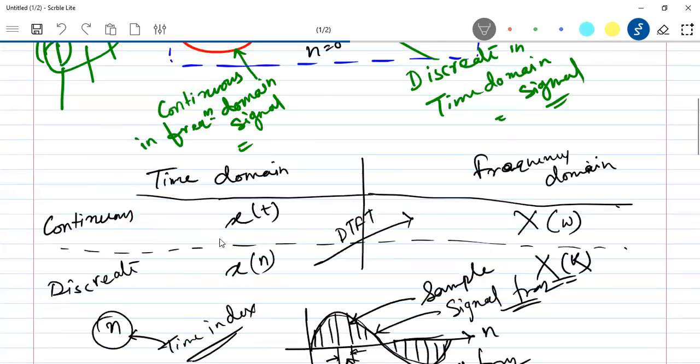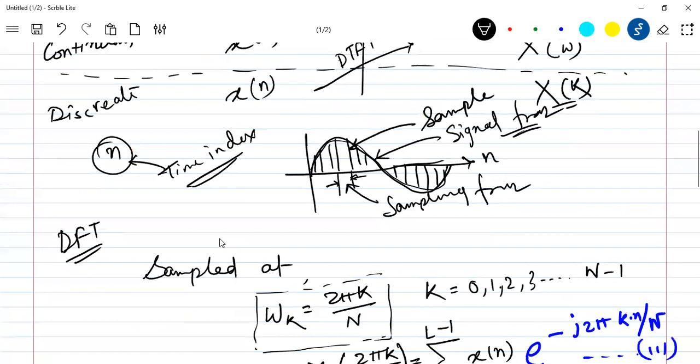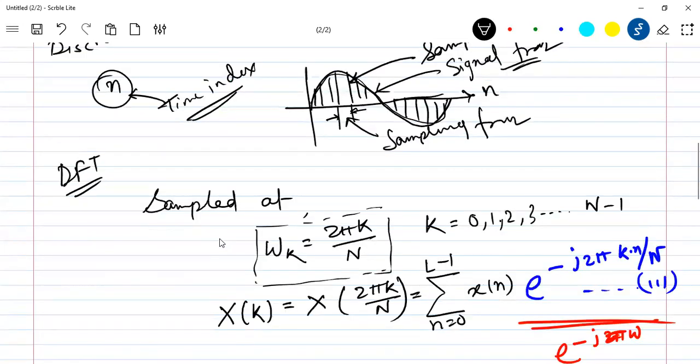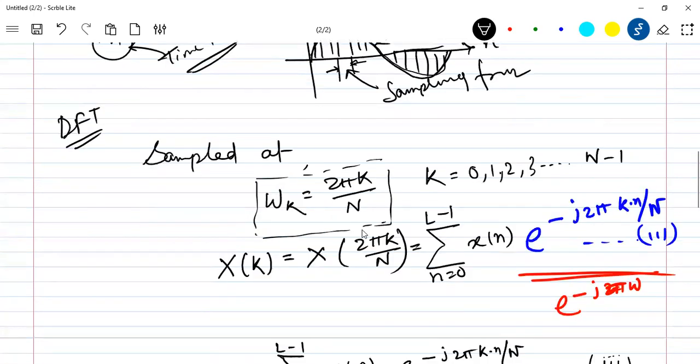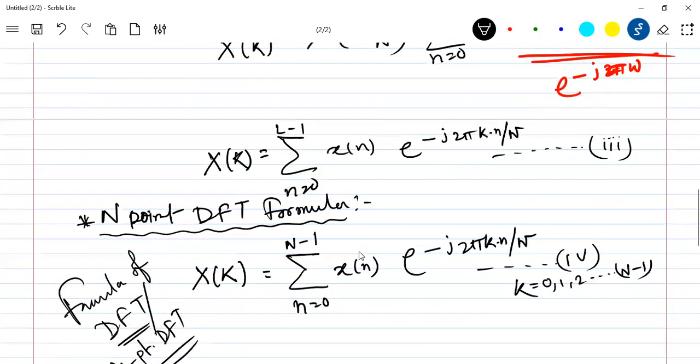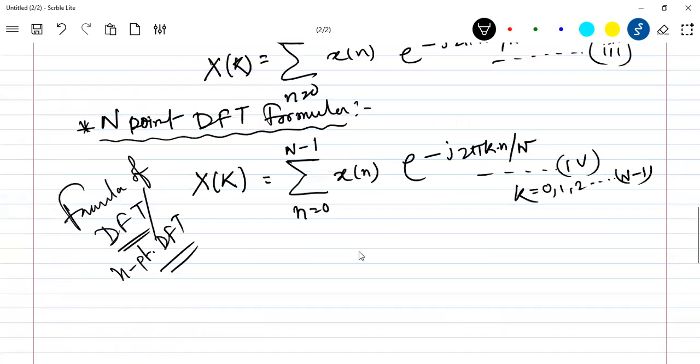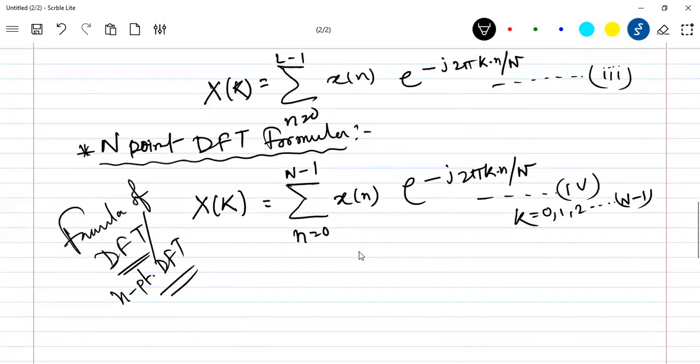And after that we sample it at 2 pi k by N. After the sampling, we put the value 2 pi k by N in place of omega. Is that clear? Yes, sir. And then finally in place of L we write N for N point DFT, and this is the final equation of the DFT formula.